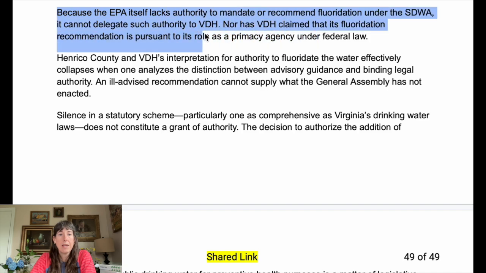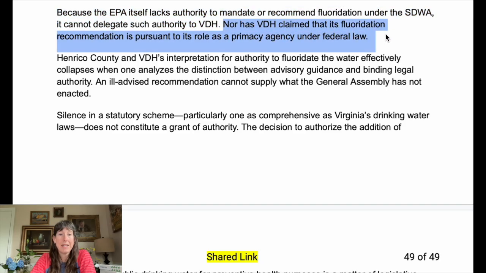Because the EPA itself lacks authority to mandate or recommend fluoridation under the Safe Drinking Water Act, it cannot delegate such authority to VDH. On one hand, they recommend it under 12 VAC 5-590-930, but in another section, they say if you're going to discontinue water fluoridation, you have to alert the VDH 90 days prior.